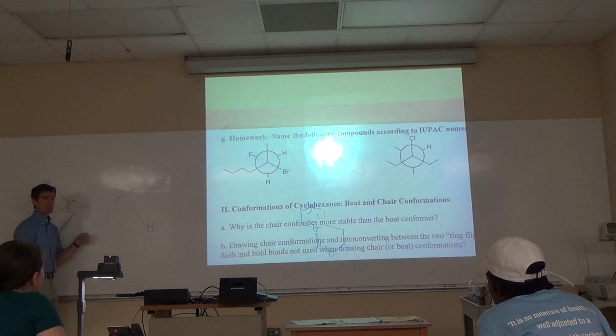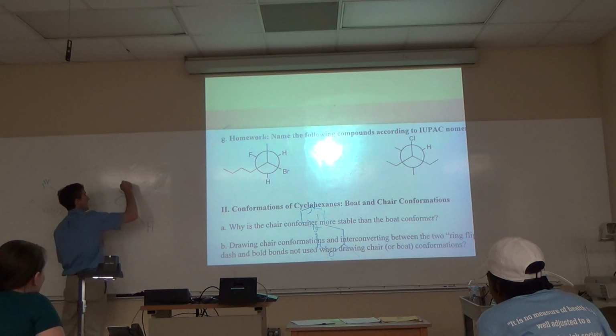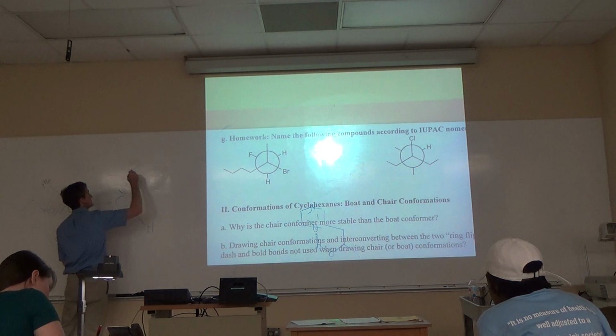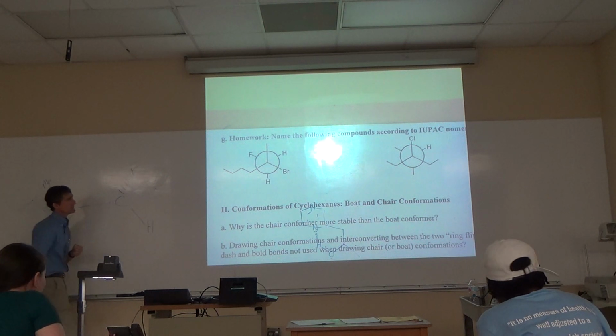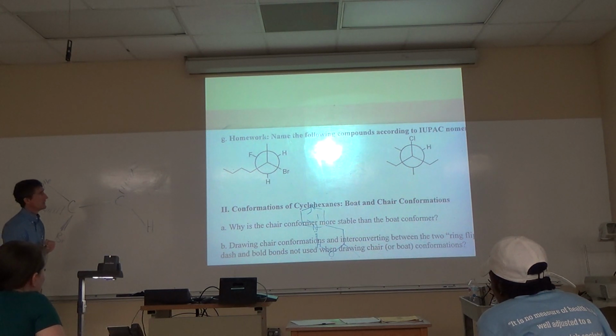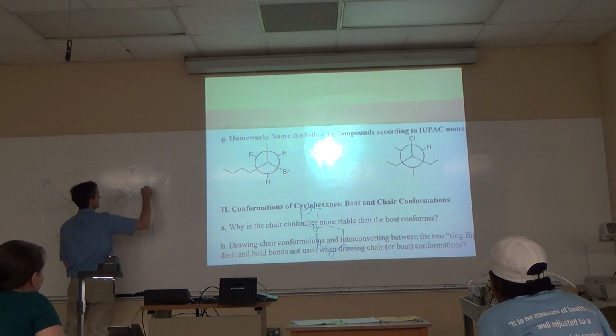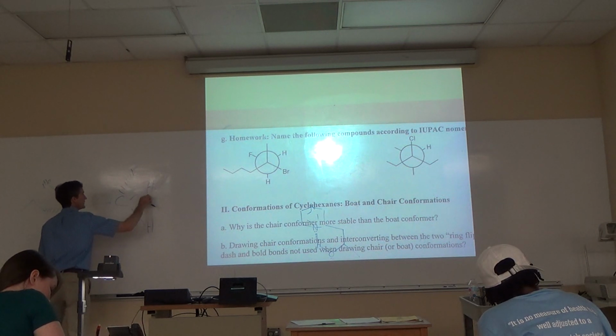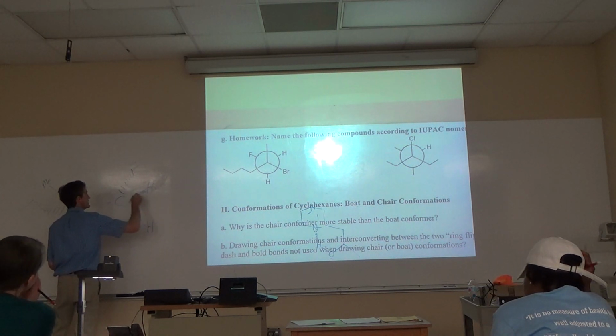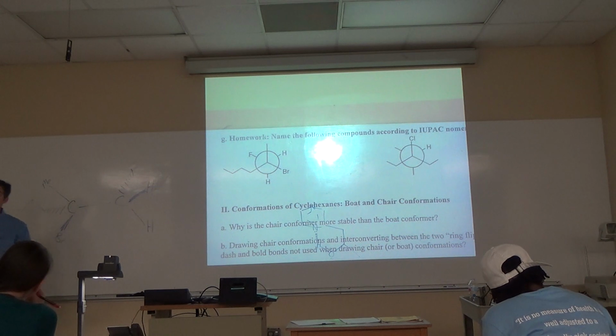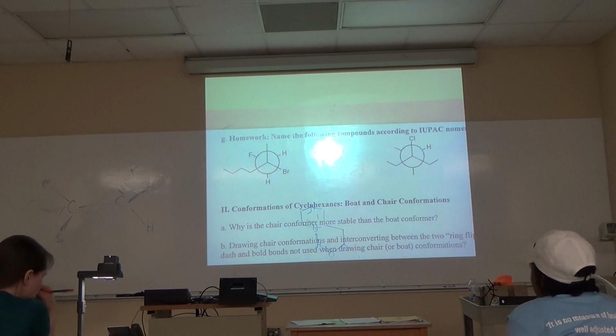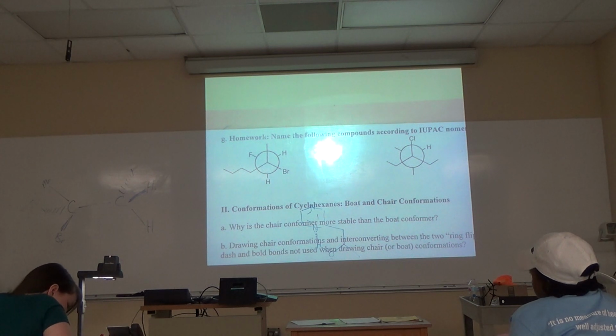Okay, for it to be on my left, I have to draw it dashed. And what else is there? Another H. It really doesn't matter. If we drew it, it would be bolded, but it doesn't matter because it's not chiral. We'll learn that during test 2. There you go. There's the compound.